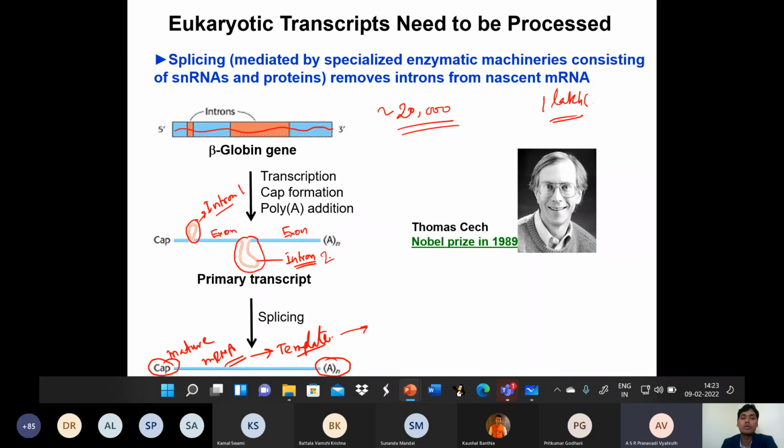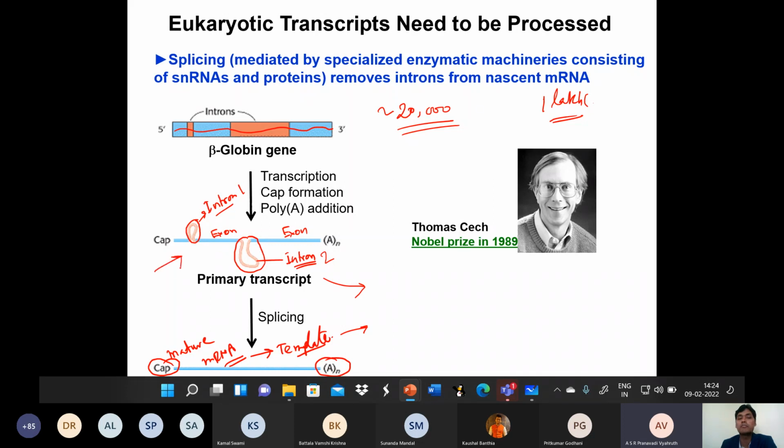Now at one point of time both the introns can be removed and it will give you one mature mRNA that will give you a protein. Similarly, another case might be that one of the introns is removed, but the other one stays there. So this is called alternate splicing. That will give you a different product.